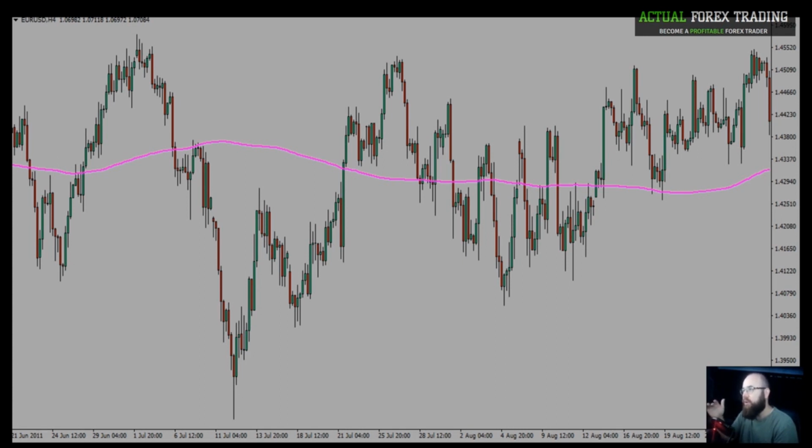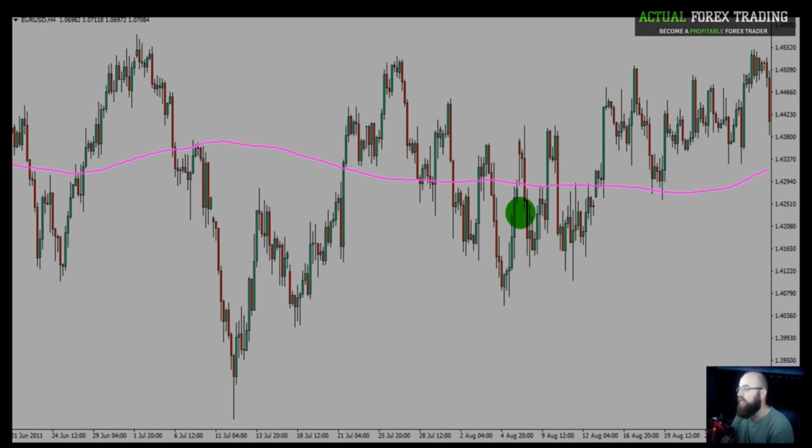So the principle of price above the moving average or below the moving average showing price direction is not really applicable when price is ranging, as you can see in this slide. But moving averages can signal ranges, can signal market indecision, sideways markets, because the moving average itself moves sideways. So if the moving average is moving sideways, that is an indication that the market could be moving sideways. So just keep an eye on that.